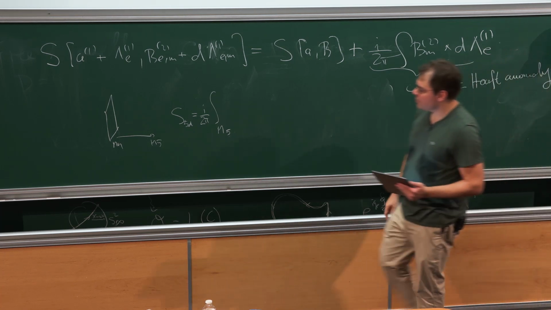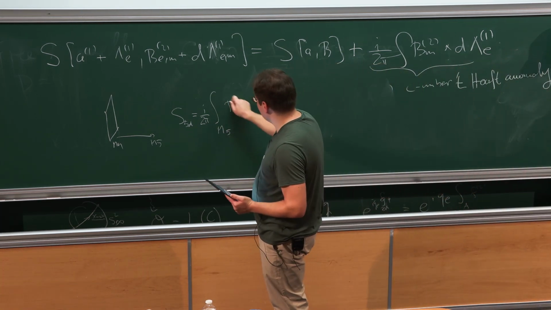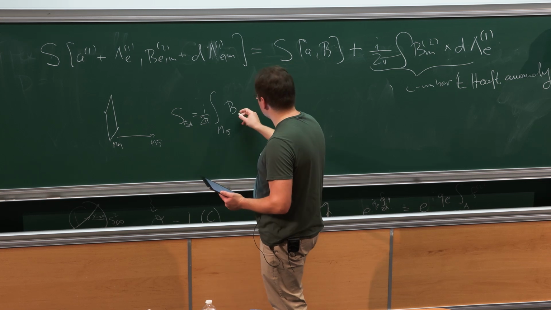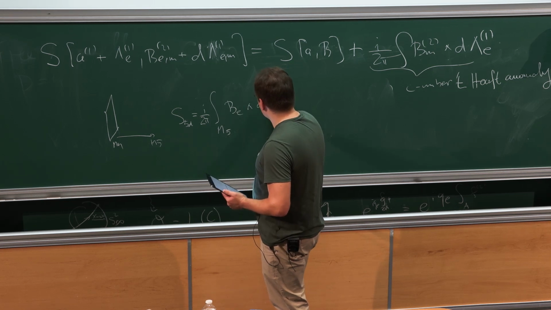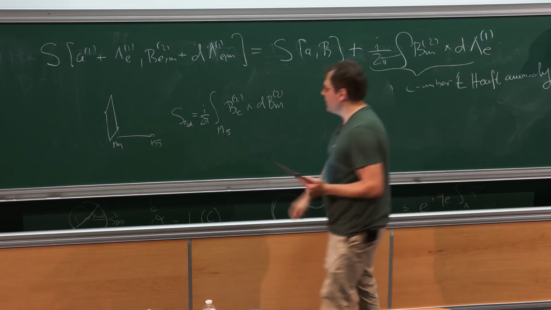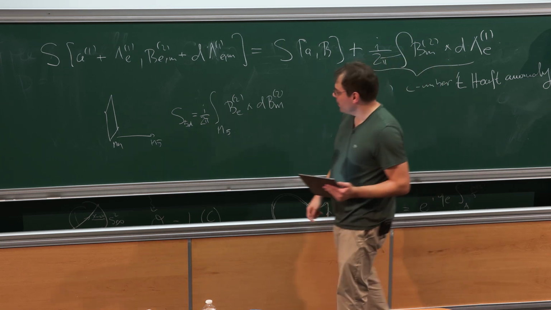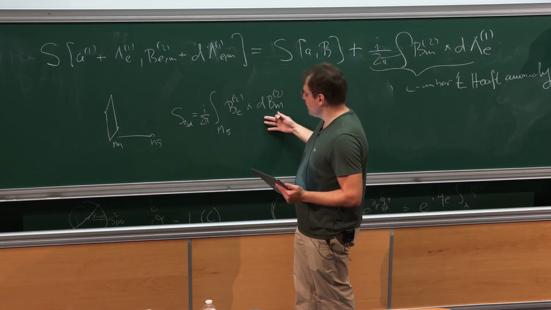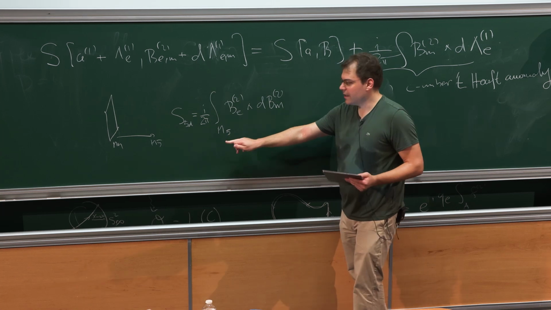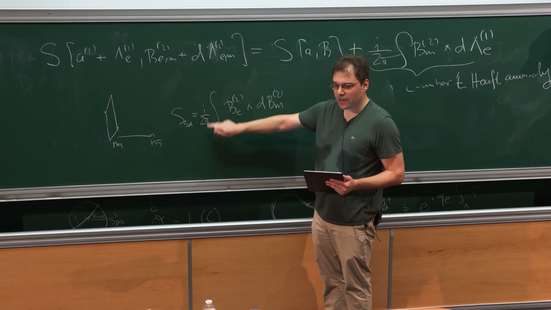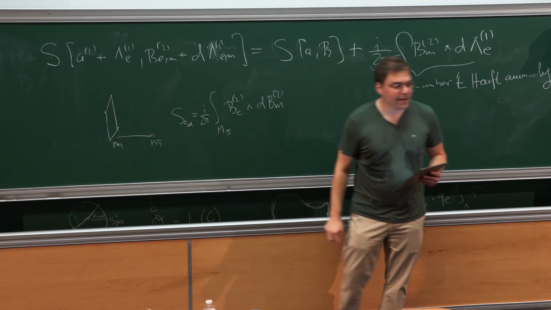And the 5-dimensional action that does this is a BF type, I don't know how to call this exactly, BB type action, like this. You can write B electric wedge dB magnetic, that's a 5-form. And it's also gauge invariant if M5 is closed. You can check that. That's because this coefficient is properly quantized in units of 2 pi.